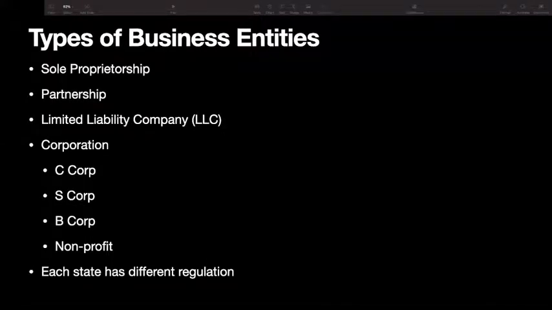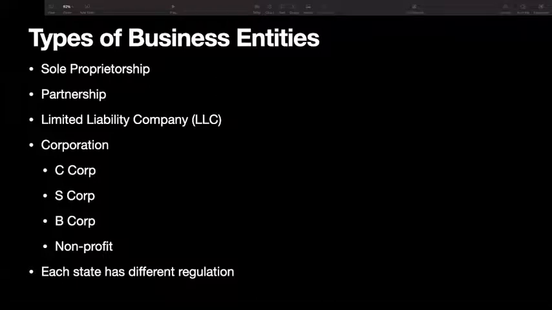So let's get into the main topic, the types of business entities. There are 4 major types. Sole proprietorship, usually shortened to Soleprop. Partnership, which is quite similar to Soleprop, but I will cover it later on a dedicated slide. LLC, limited liability company, which is the hybrid between the Soleprop and the corporation.